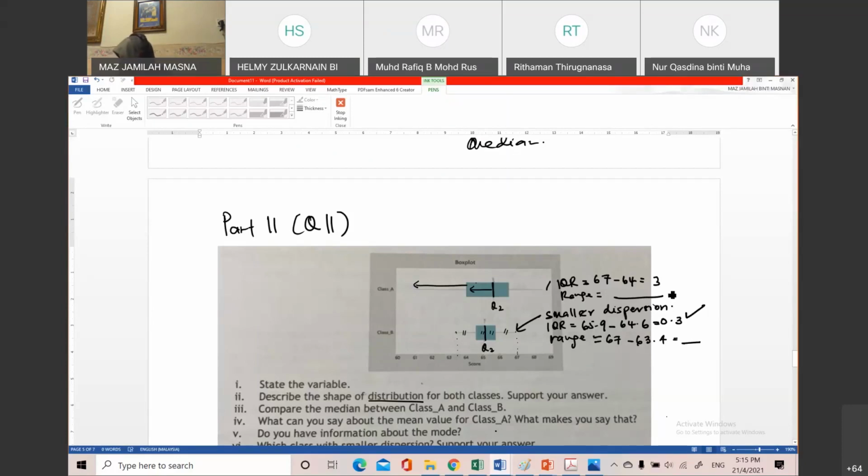The IQR from just now was for question 4. Which class will follow this question? Based on the range can also be done. Support your answer with IQR, then you have to calculate. So the dispersion can be judged by looking at the range, or by looking at the middle 50%. Okay, so I think that's it.